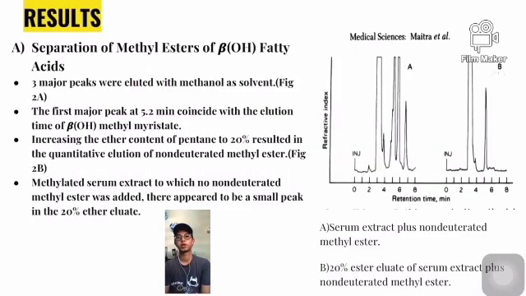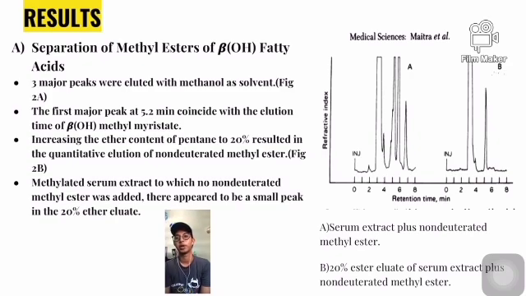The results of separation of methyl ester of beta hydroxy fatty acid. As you can see, there are three major peaks with methanol as solvent, as shown in figure 2a. The first peak at 5.2 minutes coincides with the elution time of beta hydroxy methyl myristate.